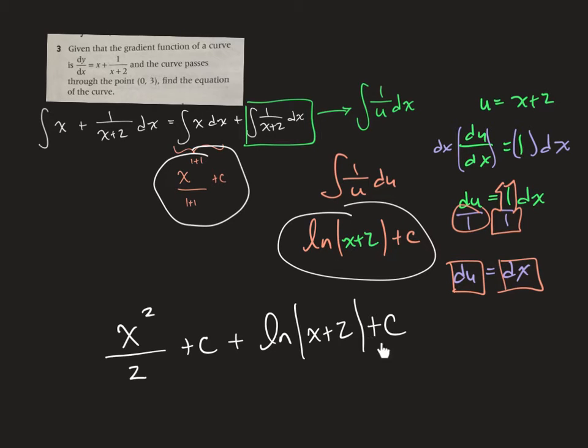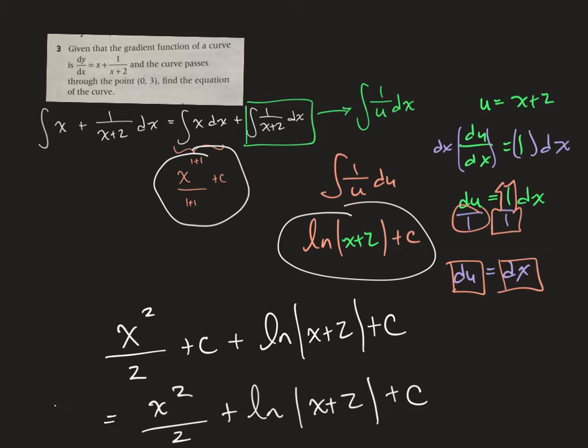So I'm actually going to just combine them. If you wanted to, you could write this as x squared over 2 plus ln of x plus 2 plus 2c, but c is just some random number, and it's not like I'm specifically solving for it. So weirdly enough, you could literally just leave this as a regular old plus c.